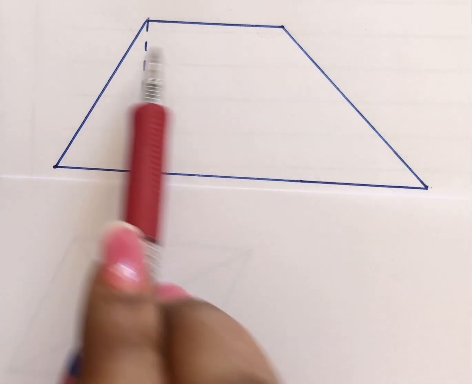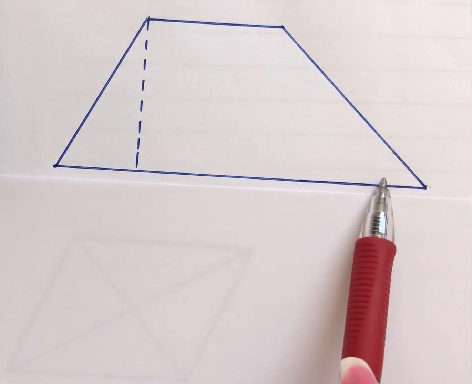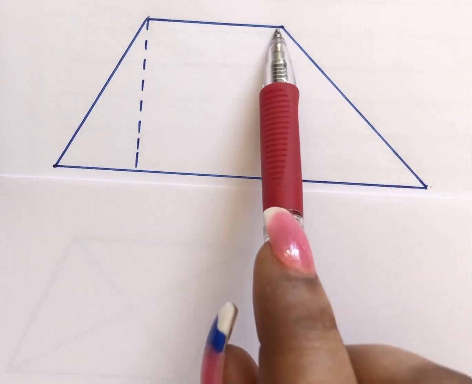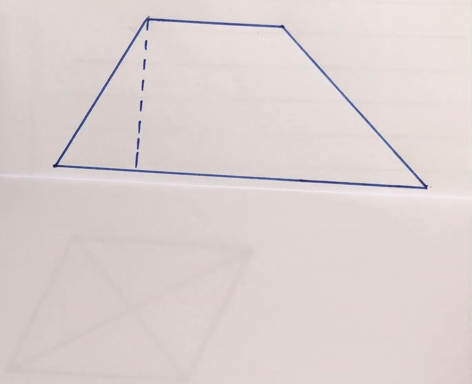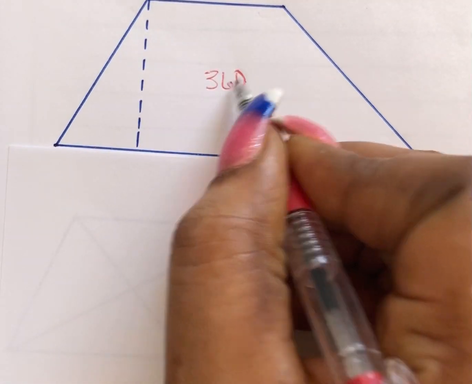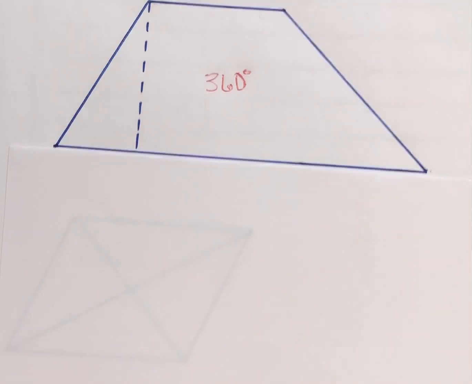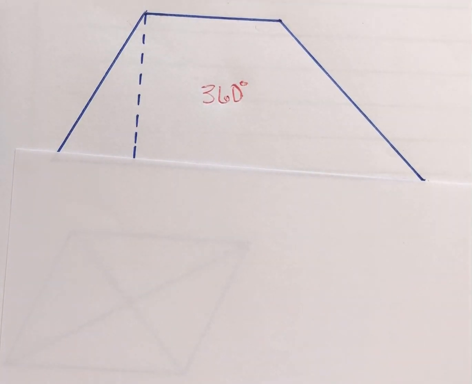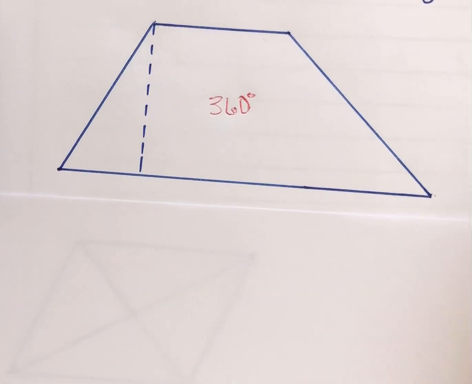This is an obtuse angle and that is an acute angle. However, once all 4 angles are added, we should get exactly 360 degrees. And that is applicable for all quadrilaterals. The total of the angles is exactly 360.